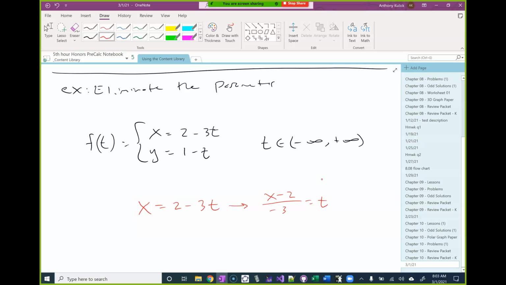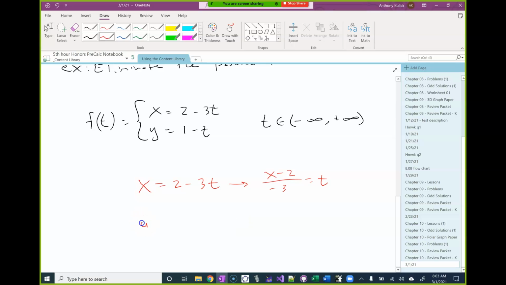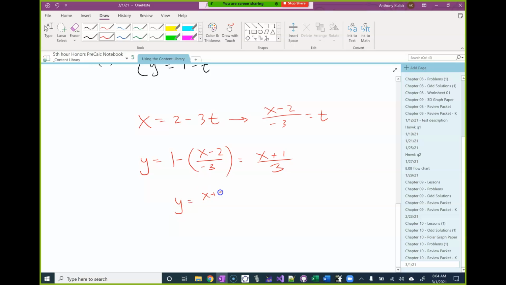Everybody good there? And then I'm going to plug that in for the y. So when I do that, I get x plus 1 over 3. I did some simplifying there in my head.